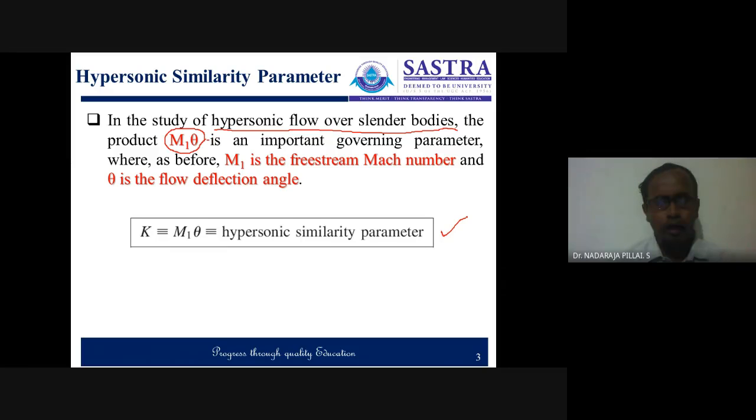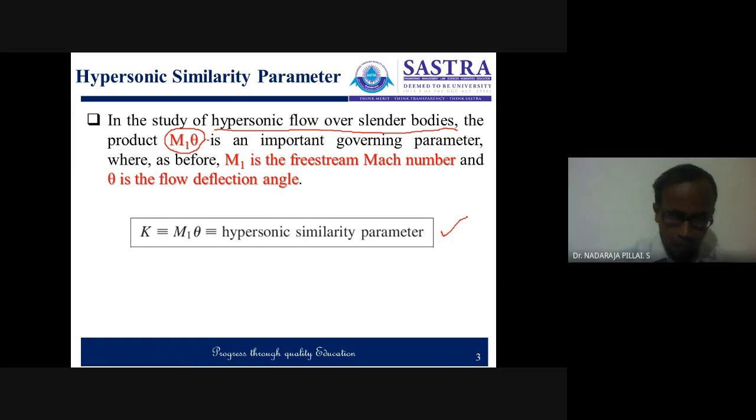We need not think much about how this M1 theta came about. As of now, I recommend you remember that K is the hypersonic similarity parameter and it can be represented by the product of M1 into theta.